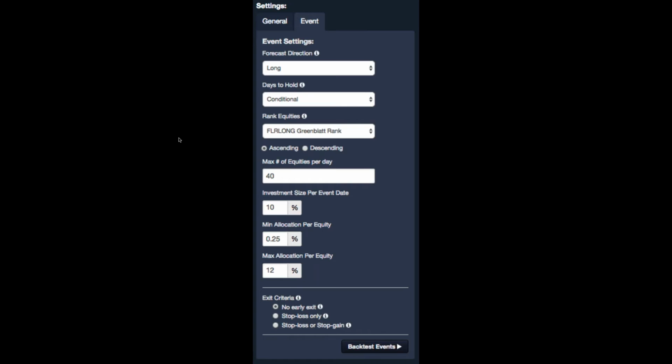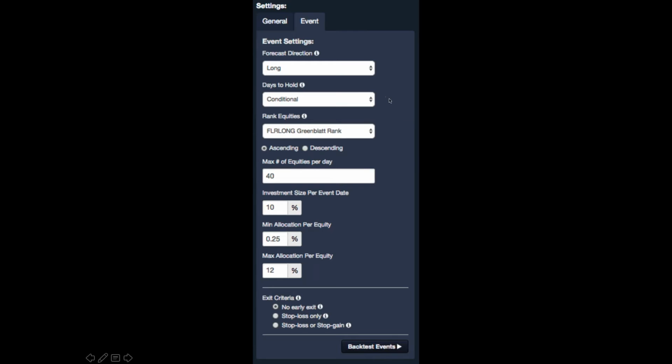But we have to consider things like, what if our portfolio is already full, for instance? How do we operationalize this into a real strategy that can be executed? That's what a number of these factors are.